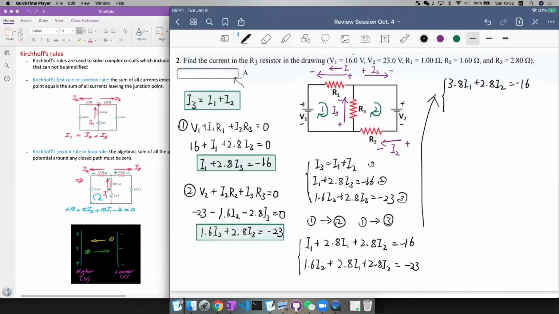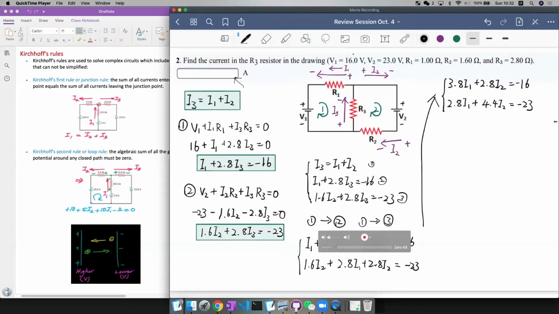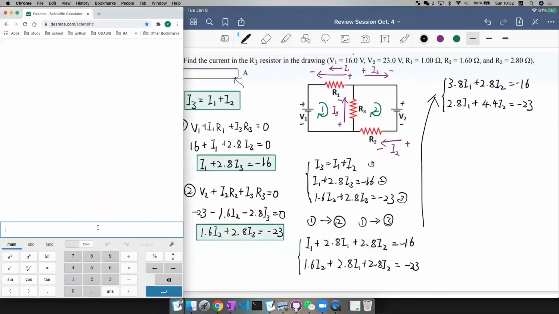And then next step we have 2.8 I1 plus 4.4 I2 equals negative 23, right? Let's just make sure. Has a calculator, even though it just summed them up. Okay, 1.6 plus 2.8, 4.4, yeah.